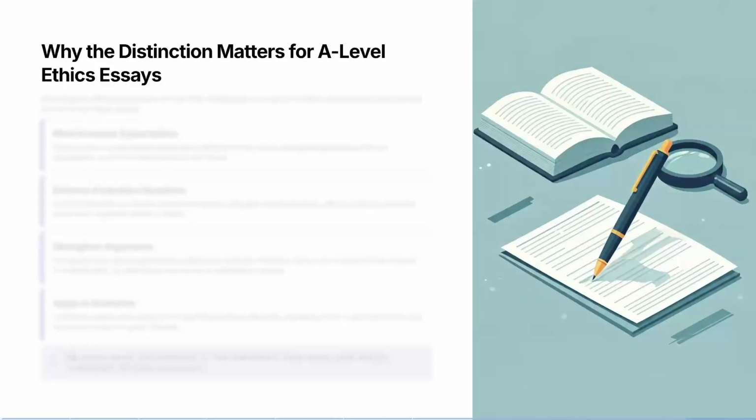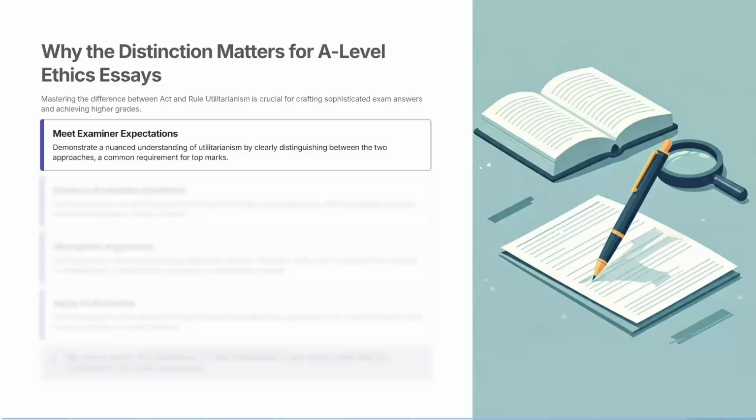Now, why does all of this matter for A-level essays? Well, mastering the difference between these two is crucial for crafting a sophisticated exam answer and achieving higher grades. Exam questions often ask you to evaluate whether utilitarianism provides a convincing approach to moral decision making.